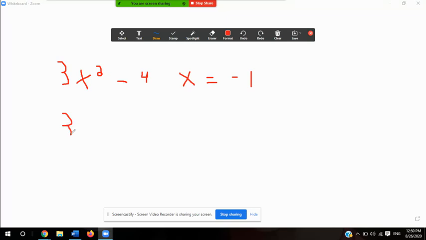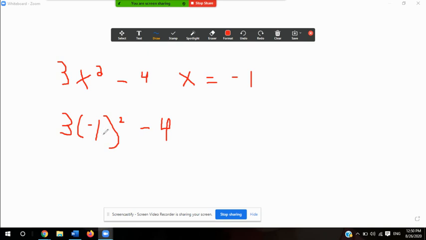So I would simply change that to 3 times negative 1 squared. The rules of order of operations, or PEMDAS, are extremely important to remember, especially when evaluating expressions, because that could be tricky. So I'm going to work with my parentheses first.